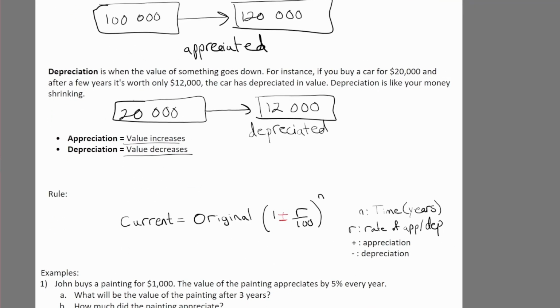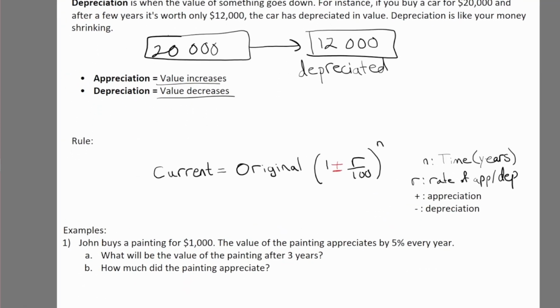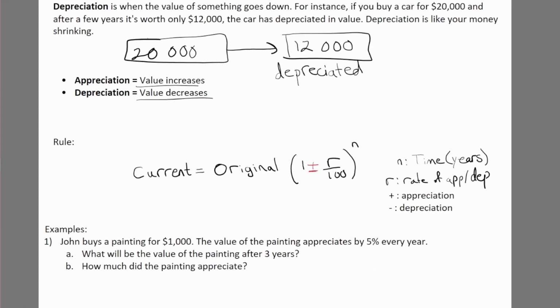Now there is a rule that we can use to solve for appreciation and depreciation problems, and this is the rule. As you can notice, it's very similar to the compound interest rule, almost the same.